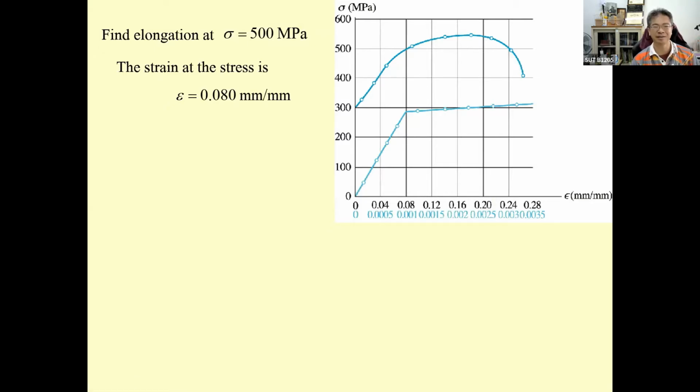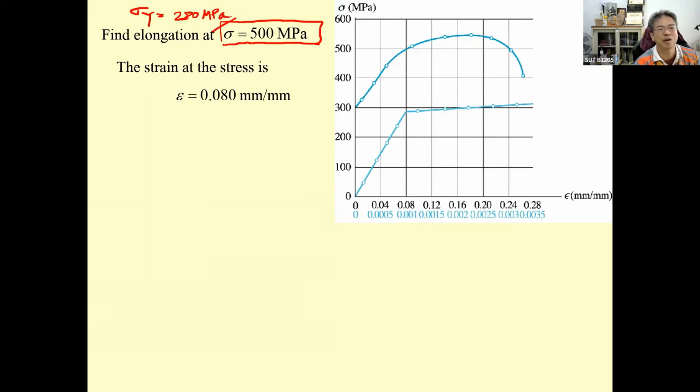For the second one, they give us the stress. Neglecting some calculation steps, go to here. What is this? You have sigma sub y equal to 280 megapascal.